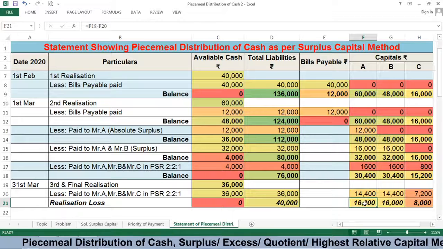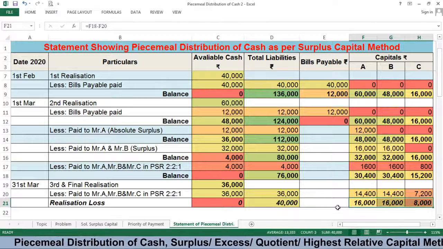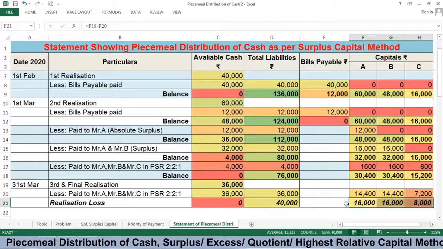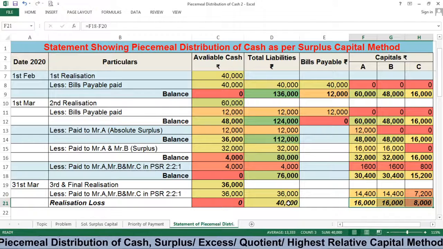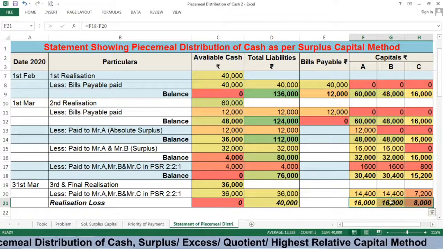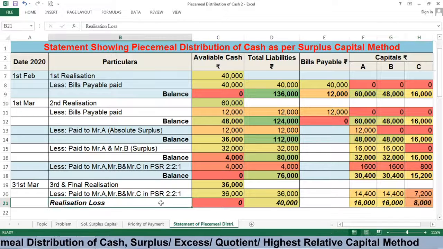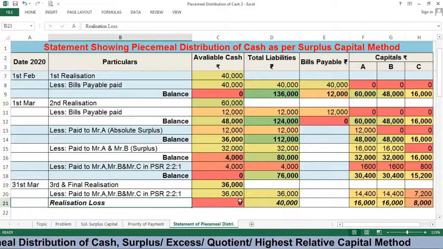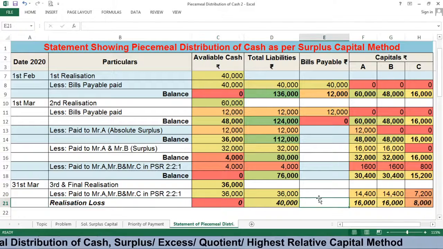So you can cross check your solution between the total liability payable amount and your total realization loss. It is exactly 40,000. That means our solution is correct and up to the mark.